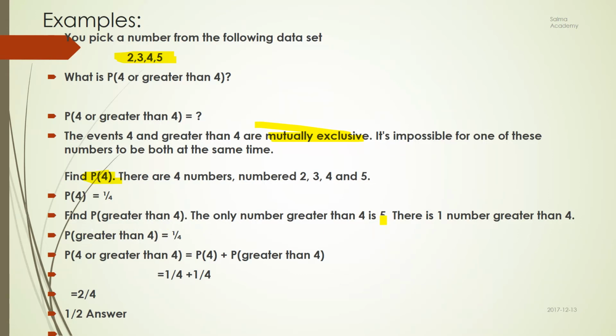The only number greater than 4 is 5. So again there is one number greater than 4, that is 5, out of 4, 1 divided by 4. So the probability of 4 or greater than 4 equals the probability of 4 plus the probability of greater than 4, which is 1 by 4 plus 1 by 4 equals 2 by 4, that is half, or you can say 50%.